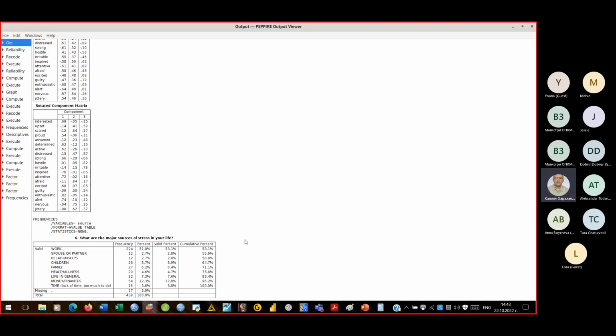The last column, cumulative percent, this column is irrelevant for the nominal variable. So when we analyze nominal variable or nominal variables, we must skip this column.